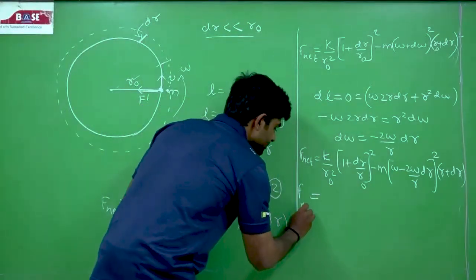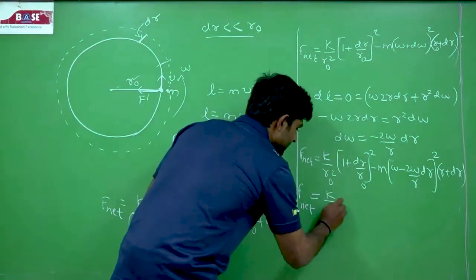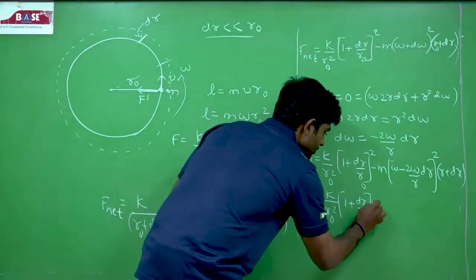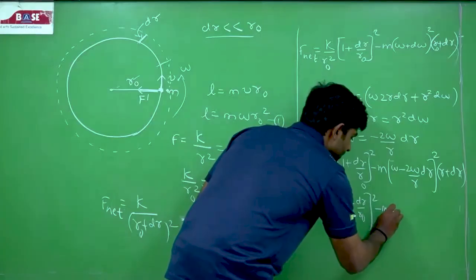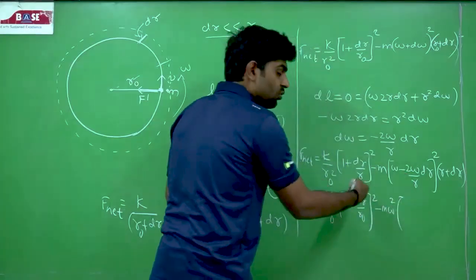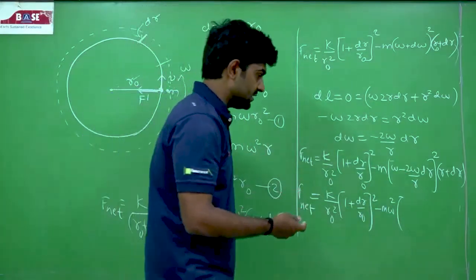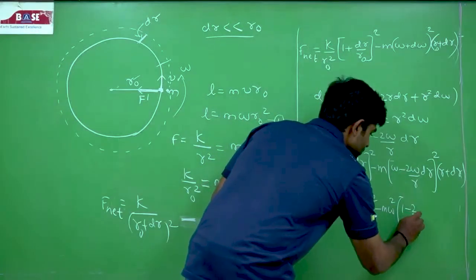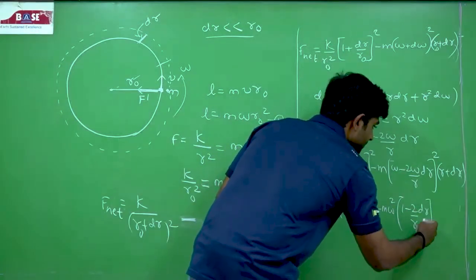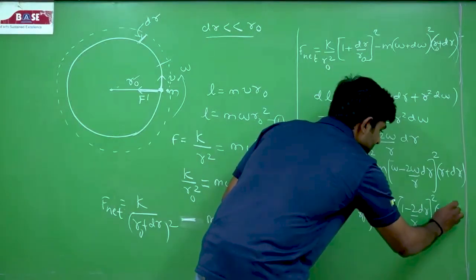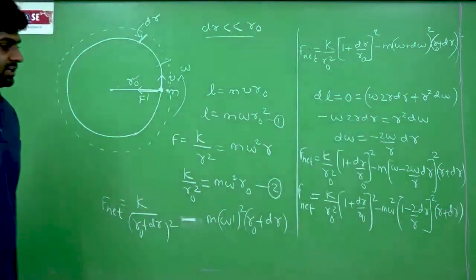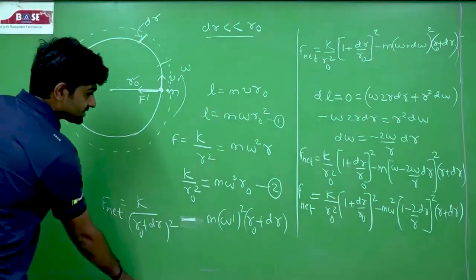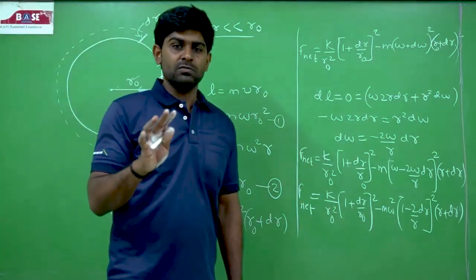We have net force k by r naught squared times 1 plus dr by r naught whole squared, minus m omega squared, taking omega outside, times 1 minus 2 by r dr whole power 2 into r plus dr. That's our equation.